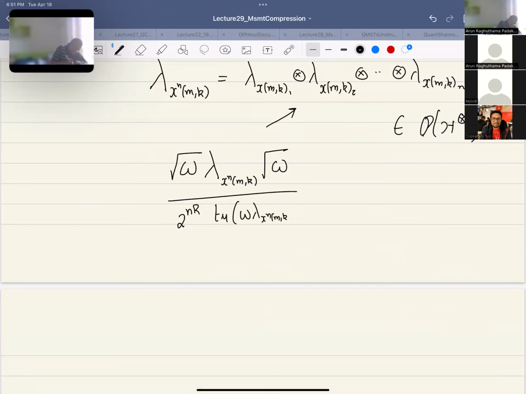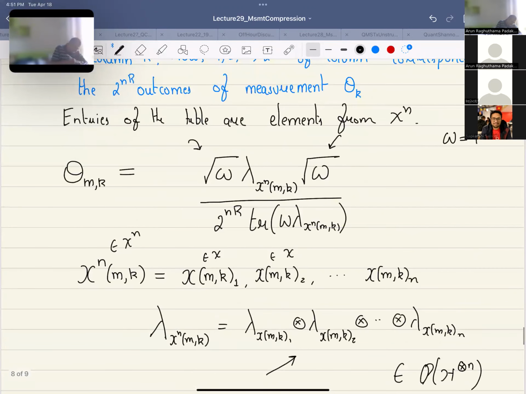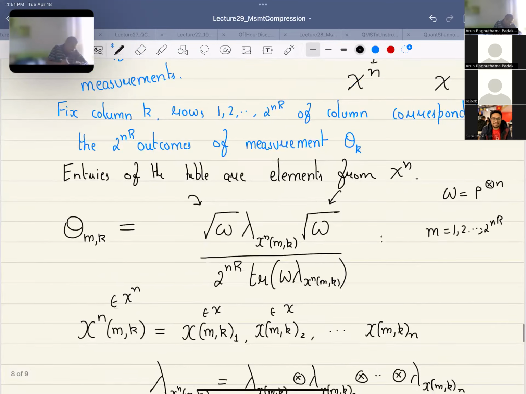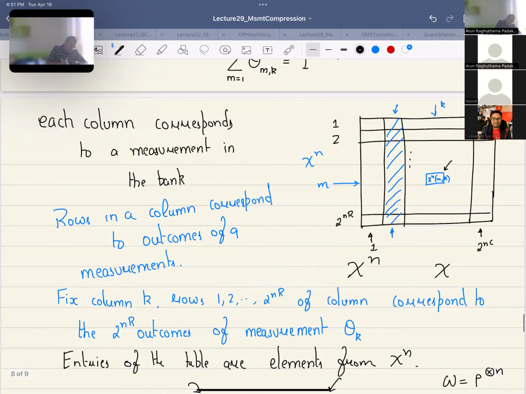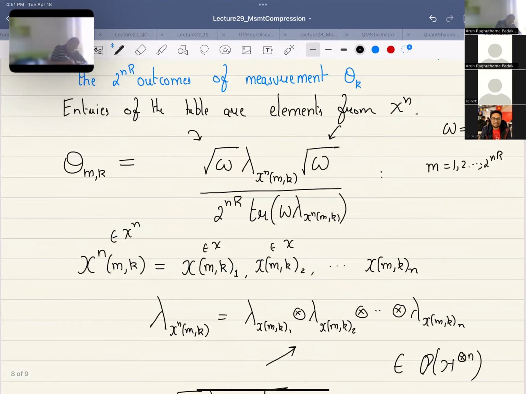I have defined something to you. So fix a k, I have a collection for all m equal to 1 to 2 power nr. Remember what I told you, I want to make a POVM. So if I add all the operators corresponding to a column, I should get identity, right?